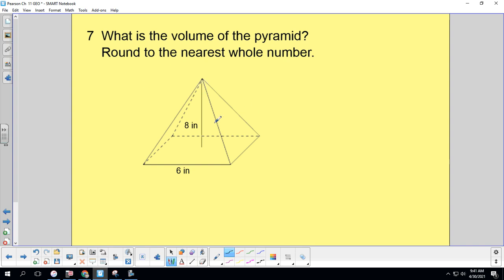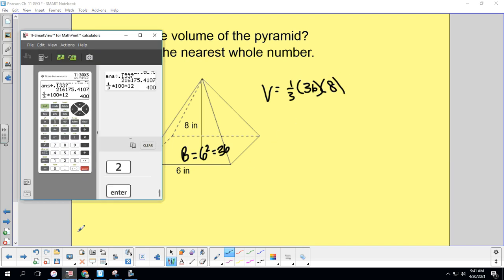Let's do the bonus pyramid just one more time. So the length of the side of the base is 6. So the area of the base is 36. Our volume is 1/3 times the area of the base times the height.